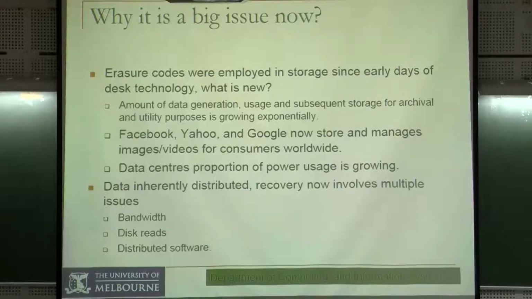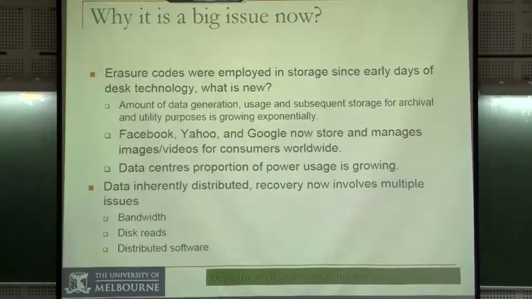I'm giving a very best-case scenario here. In some cases it will be much more, and all this may be stored. So there is this amount of data generation, its usage, and subsequent storage for archival and other utility purposes. Some data that is stored is not just kept in storage.